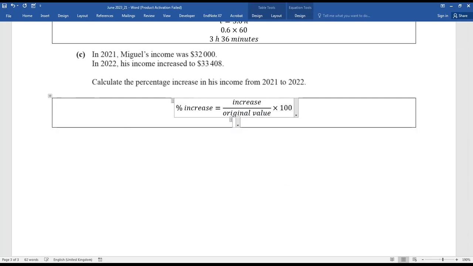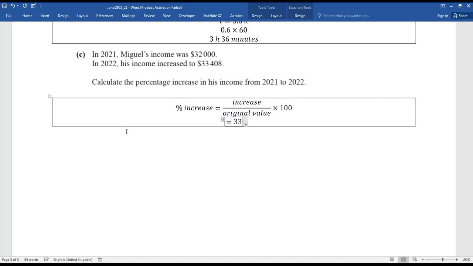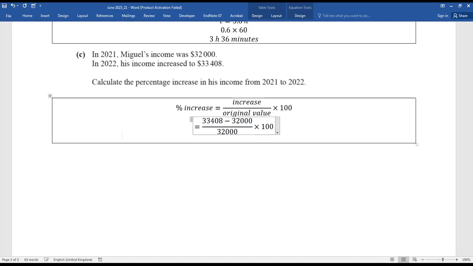So what is the increase in this one? It is 33,408 minus 32,000. Divided by the original value, which was 32,000, because that was his original income.